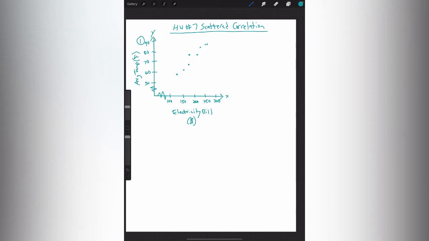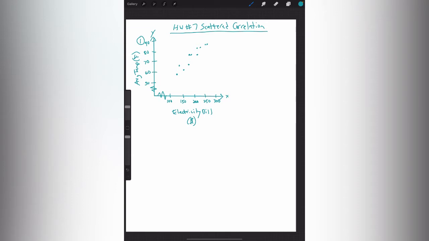81 and 210. So 81 and 210 looks like about right there. Doesn't have to be perfect. Just try and get it close. 76 and 183. So we got a point almost right there, so I'll put it right next to it. 65 and 132. 65 and let's say 132.